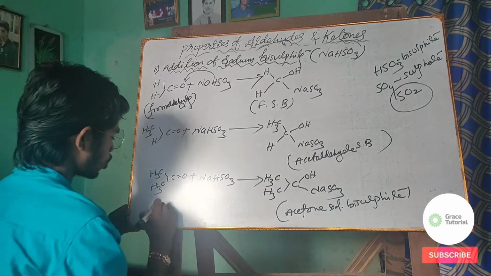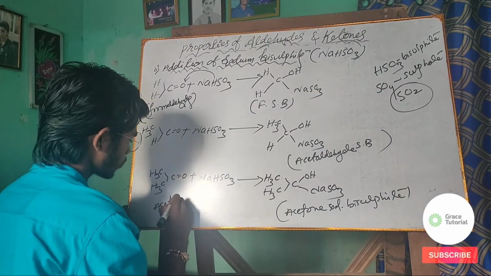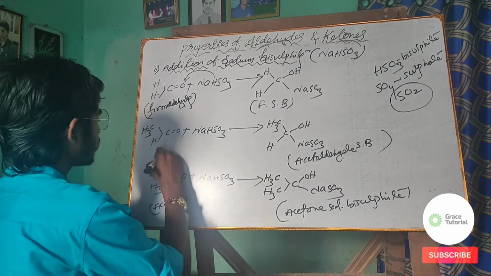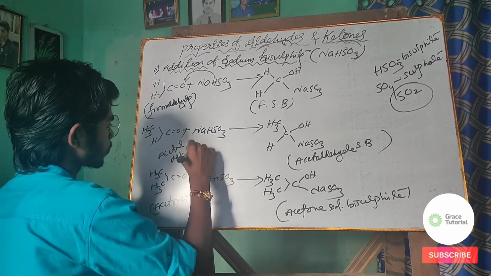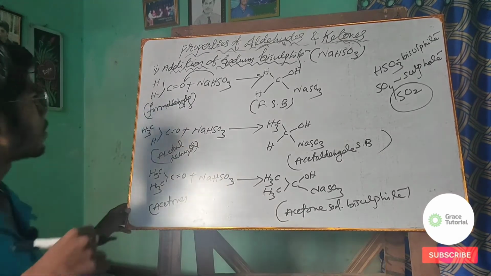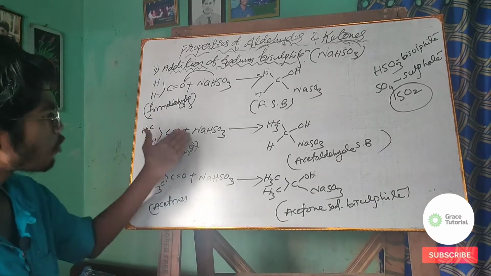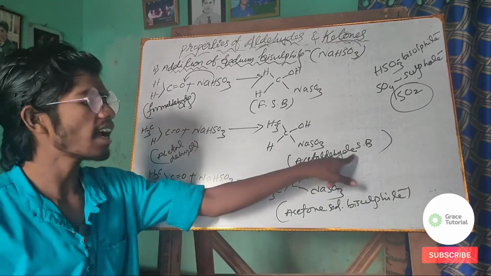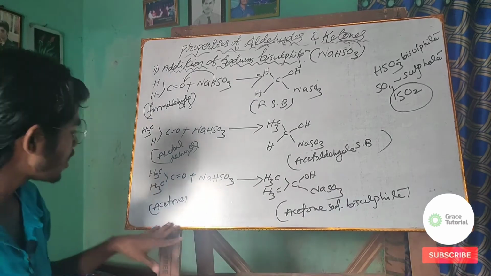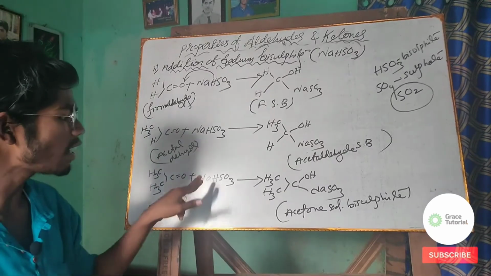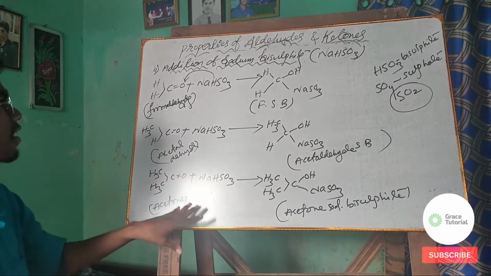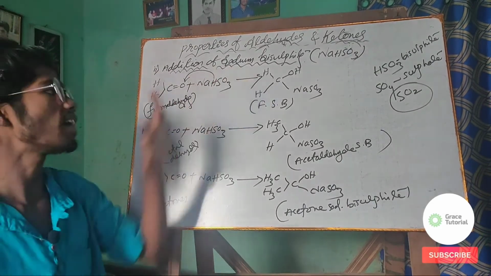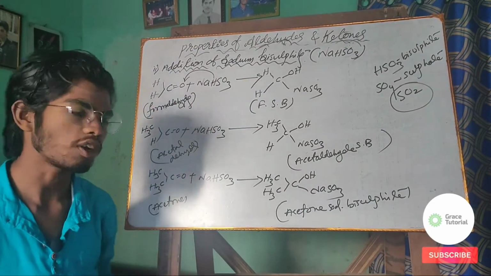And this is acetone, and here it is acetaldehyde. When acetaldehyde reacts with sodium bisulfite, acetaldehyde sodium bisulfite is obtained. Similarly, when acetone reacts with sodium bisulfite, acetone sodium bisulfite is obtained. So this is another example of the addition of sodium bisulfite, NaHSO3.